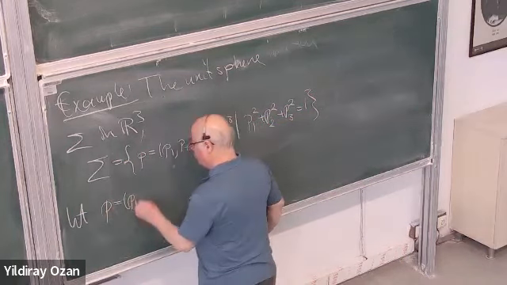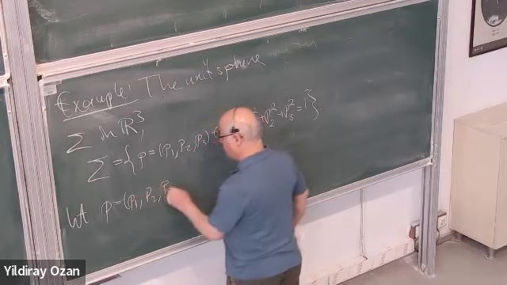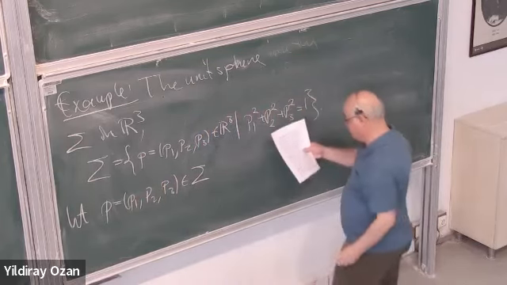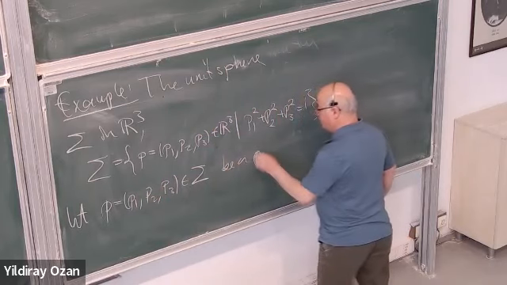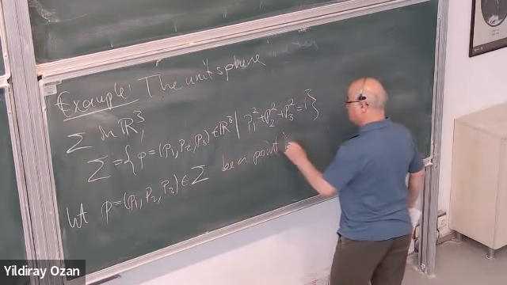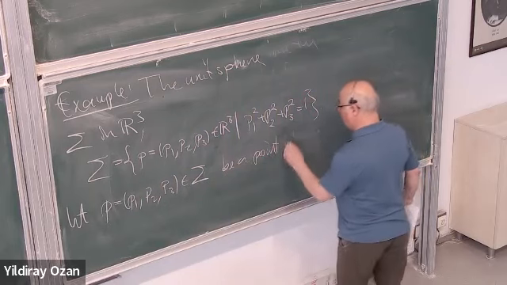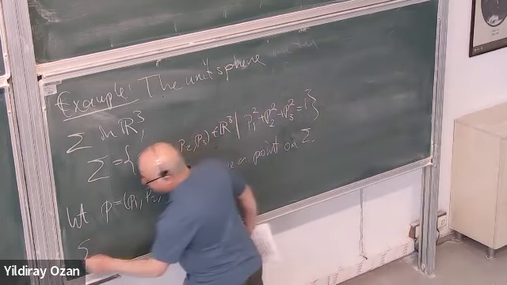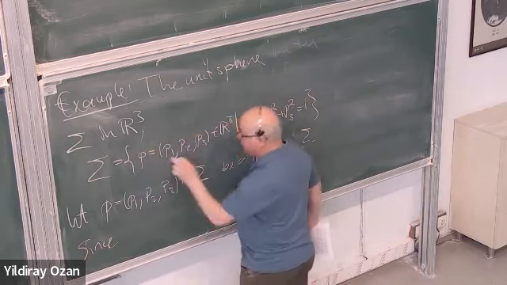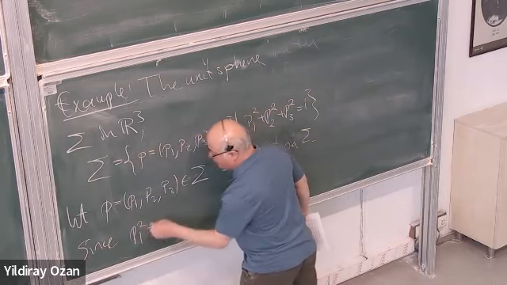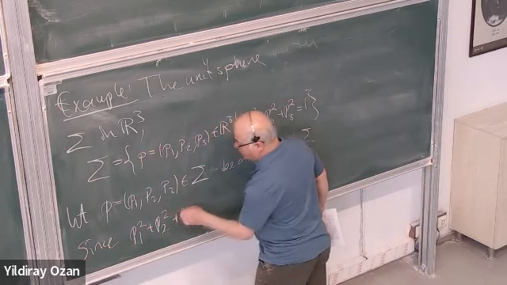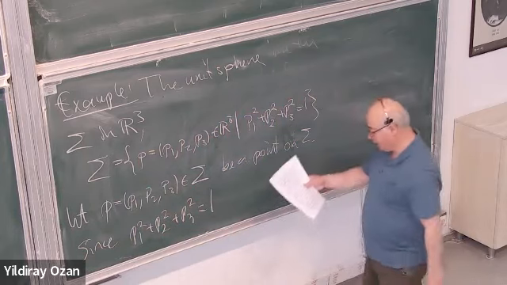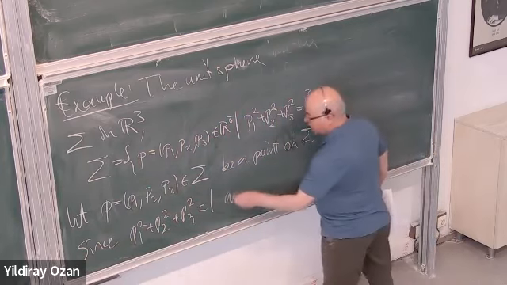Let's choose a point P1, P2, P3 on sigma, on the sphere. Since by the definition P1 squared plus P2 squared plus P3 squared is equal to 1, at least one of them is non-zero.